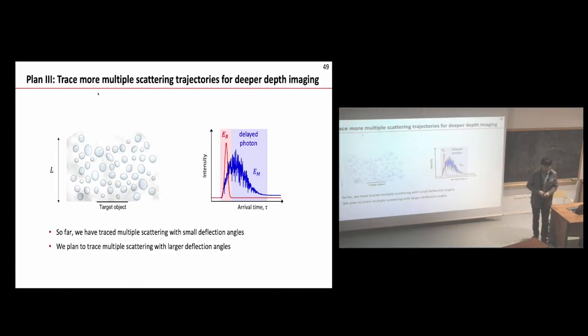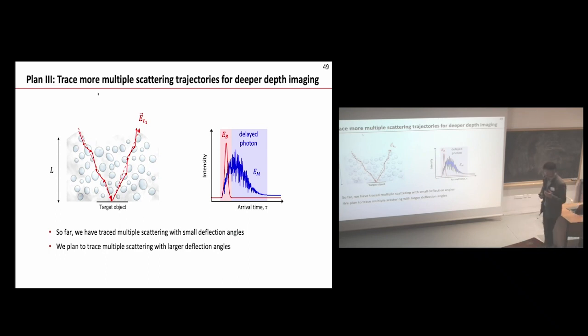Okay, so what is the direction? So far, what we measured is the reflection matrix, initially a time-resolved measurement, which means that we recorded multiple scattering with a small deflection angle, because our time gating is tuned to the target depth. So within the time gating window, we recorded the reflection matrix.